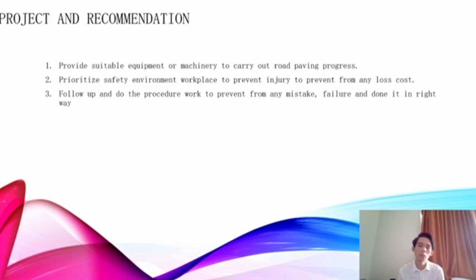We need to follow up and do the procedure work with the authorities to prevent any mistake or failure and do it the right way. It is to make the progress of the road paving follow the schedule and follow the standard operating procedure, which is SOP. So that's all for me.